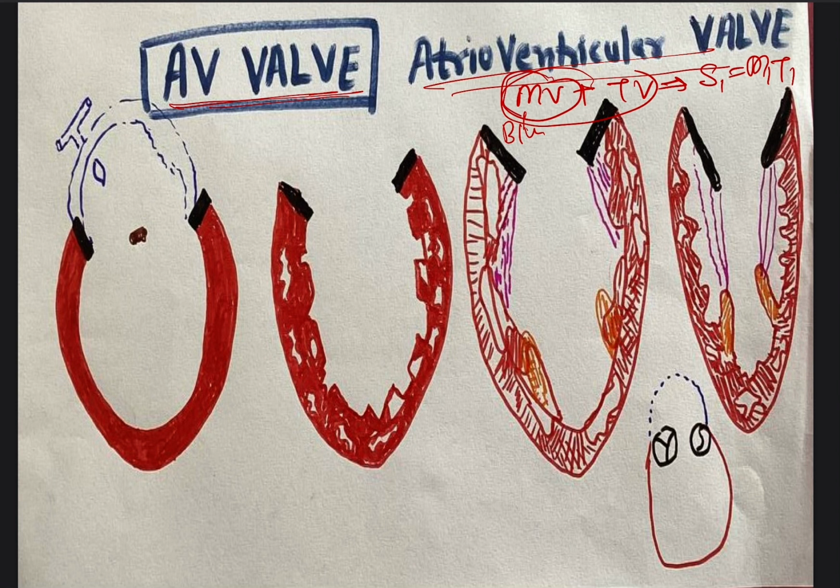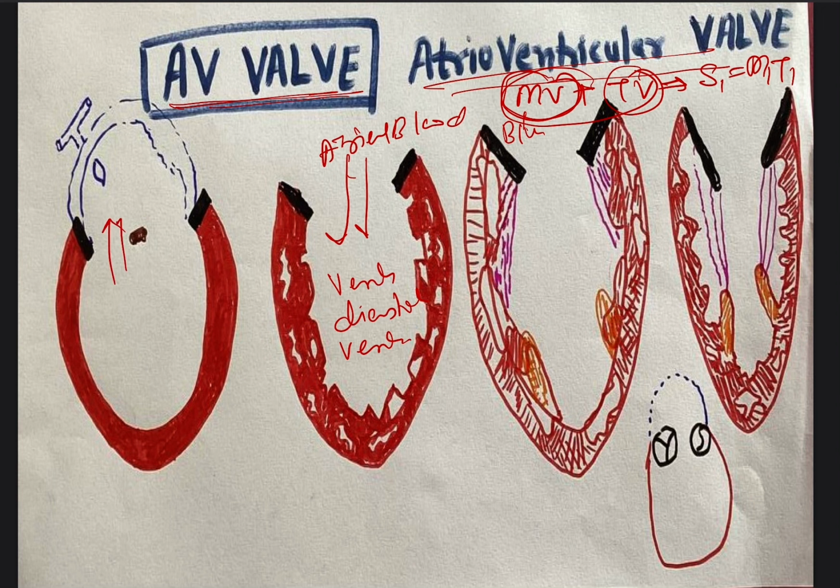The purpose of these valves is that atrial blood can go into the ventricle during diastole or ventricular relaxation time. But during ventricular systole, this blood cannot move from ventricle to atria because these valves give only unidirectional movement of blood.